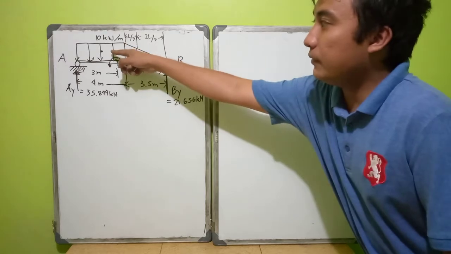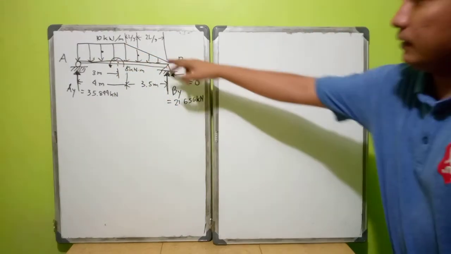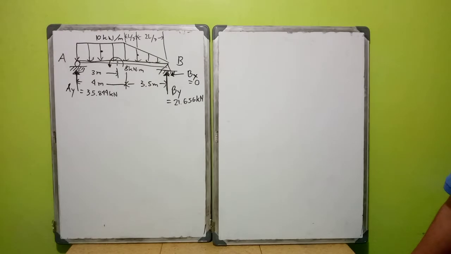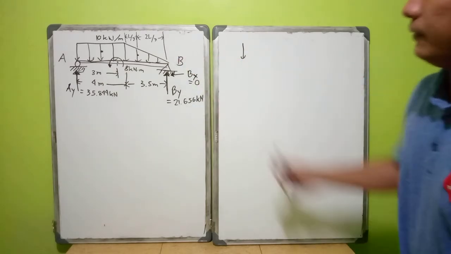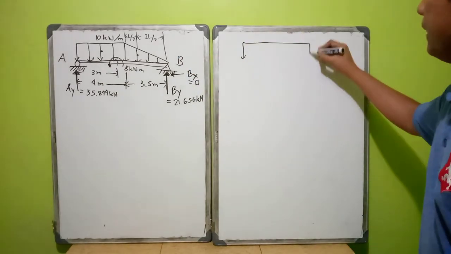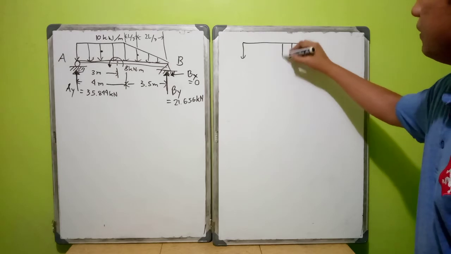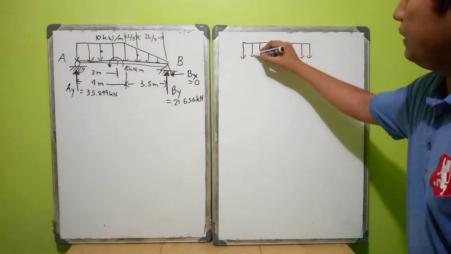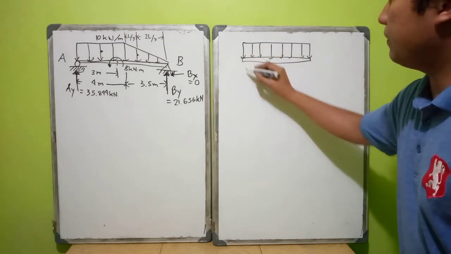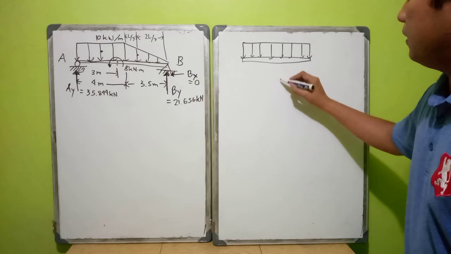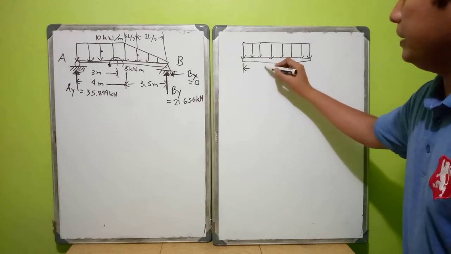We have 10 kilonewton per meter, which is rectangular, and then it ends up with a triangular loading. So we need to convert this into its equivalent loading. Its equivalent loading is like this, a sum of two beams like this.